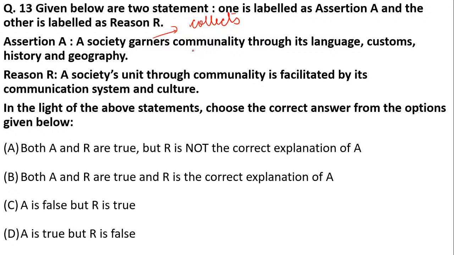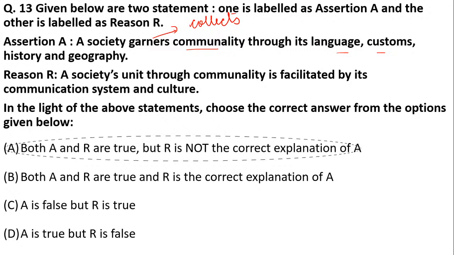Communality means a society becomes a community through its language, custom, history, and geography. If there are people who have the same language or same customs and the same past history, or if they are living at the same place, then they tend to become a community. So the right answer to this question is: both the statements are true, but the reason is not the correct explanation of the assertion.